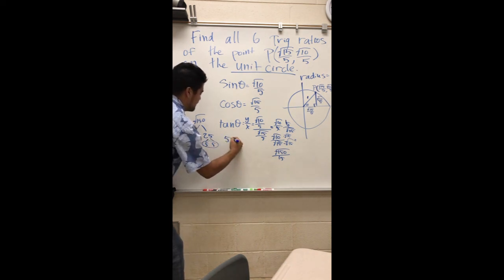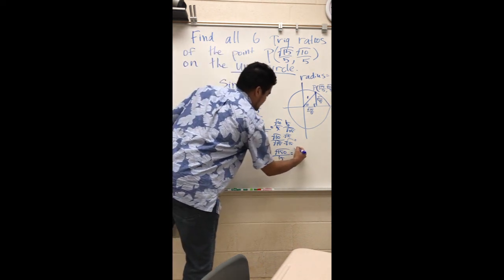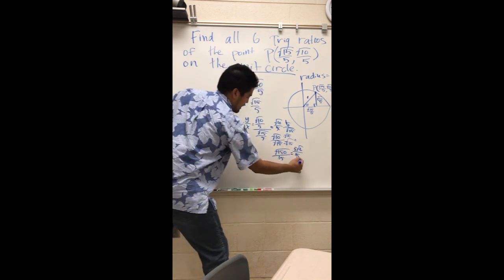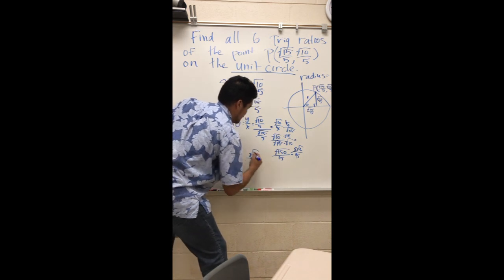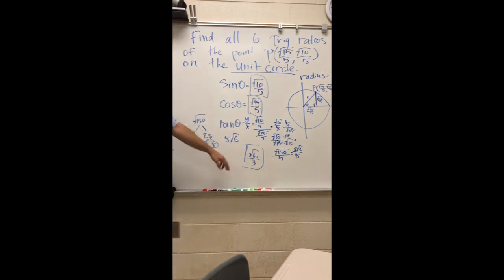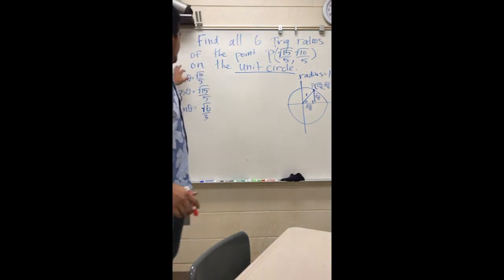So we got 5 radical 6 over 15. Cancel, cancel. Our tangent becomes radical 6 over 3. So we have our cosine, our sine, and our tangent. Our sine theta is radical 10 over 5, cosine theta is radical 15 over 5, and our tangent theta is radical 6 over 3. The rest is all cake.